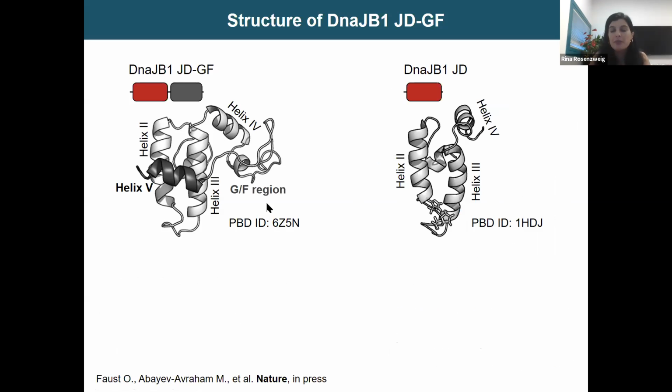So if we take our NMR data and map where HSP70 interacts on the J domain of DNAJB1, these would be the blue regions, which contain helix 2, the HPD motif, and helix 3. So this is the exact binding we saw for class A J domain proteins. So this interaction seemed to be conserved between the two classes. But now, if we look at the construct that contains the GF region, we see that helix 5 of the GF region actually docks onto the J domain on helix 2 and helix 3, blocking the HSP70 binding site.